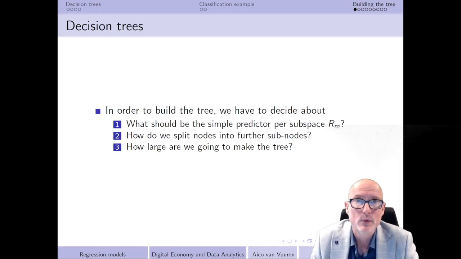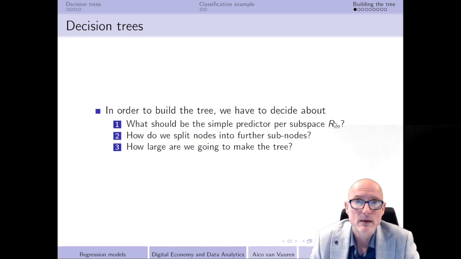In the end, what you're going to do, of course, also during the tutorials, is that you are not going to use your own programs, but you're going to use the libraries that we have in Python. But in order to build a tree, we have to make a decision about the following things. First of all, what should be the simple predictor per subspace, Rm?